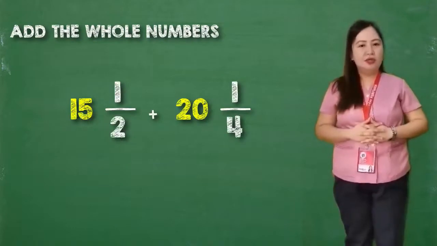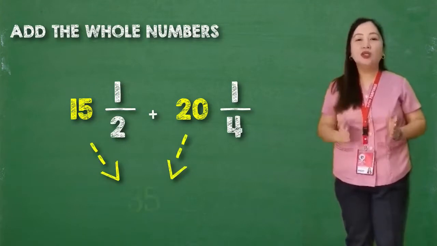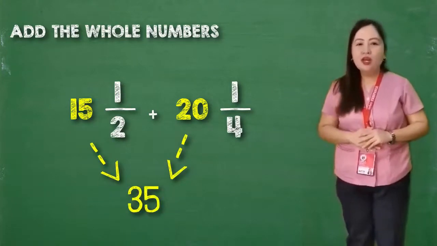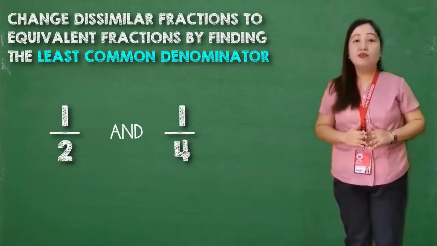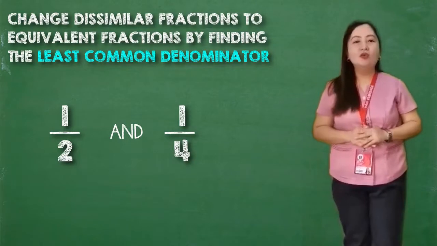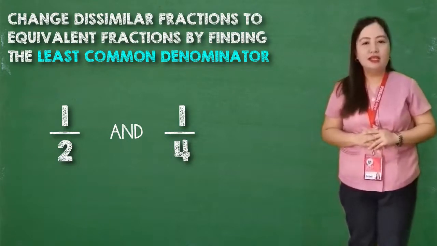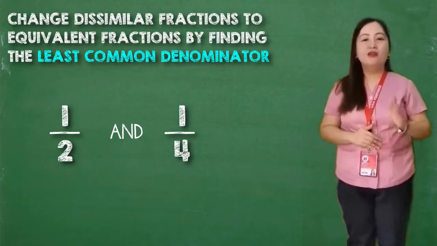Add the whole numbers 15 and 20. The sum is 35. Since 1/2 and 1/4 are dissimilar fractions, change them to equivalent fractions by finding the least common denominator or LCD of 2 and 4. What is our LCD? It is 4.